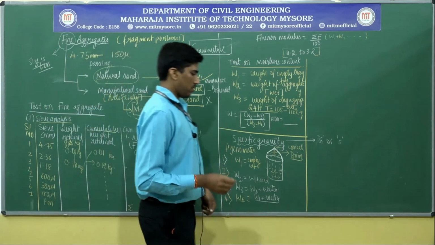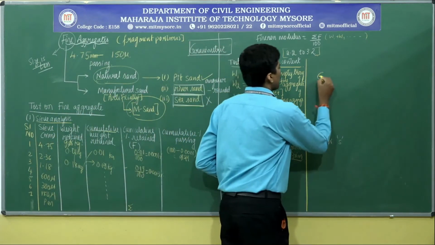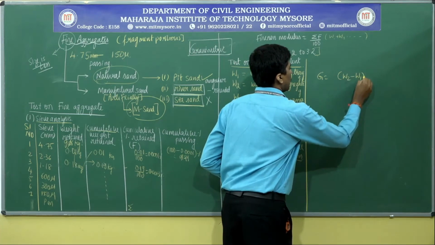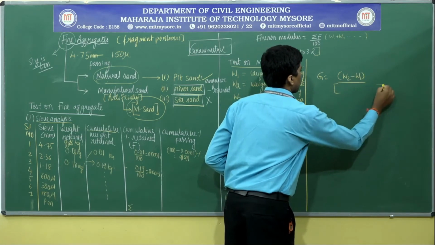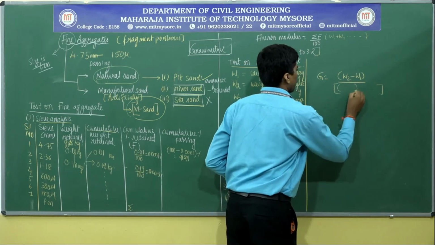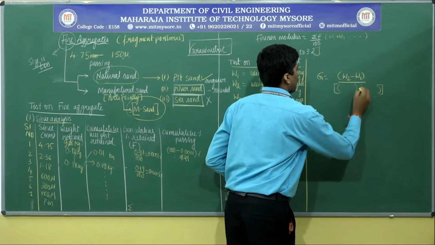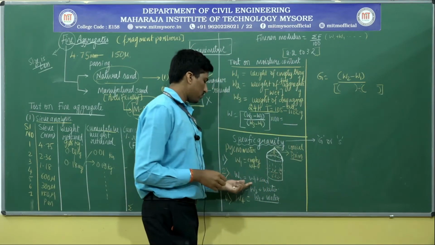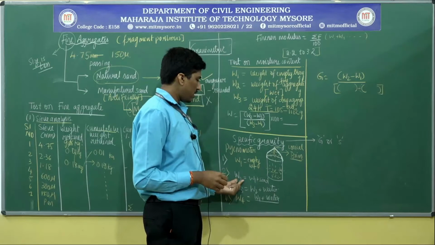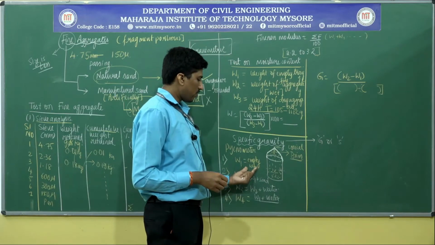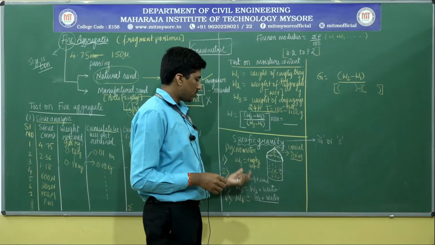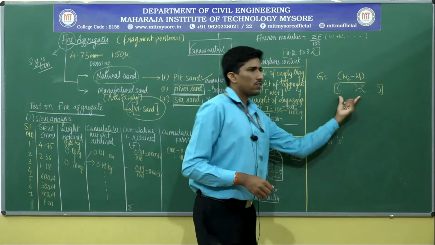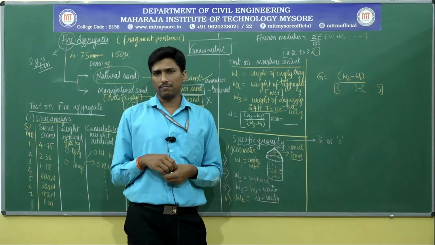For this purpose, you have the formula where G is equal to (W2 minus W1) divided by, you have a minus symbol here, (W2 minus W1). Why? What is the reason? If you see the empty weight of the pycnometer and you deduct it, with the sand content you get only the sand. Here sand with respect to the water.